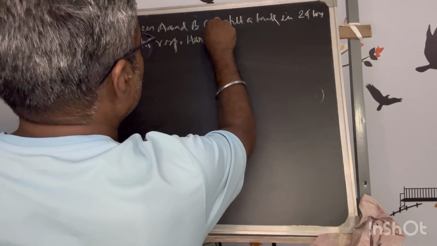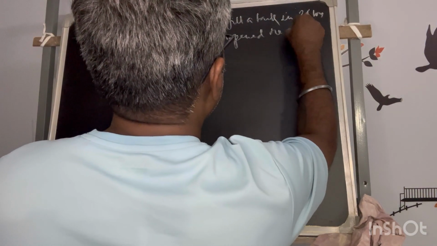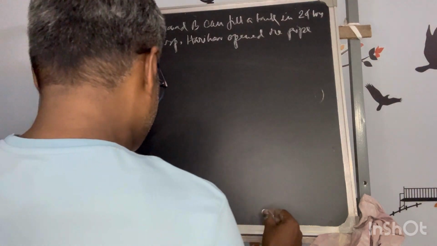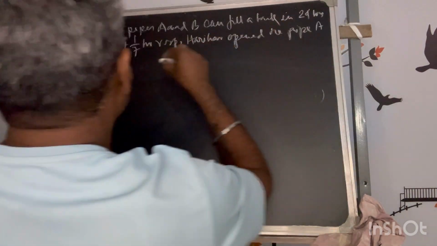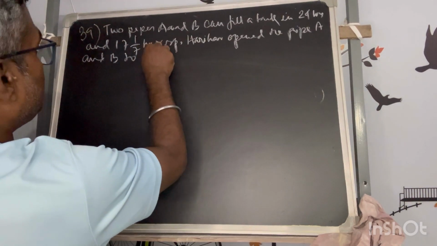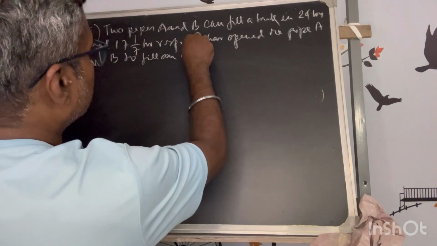Harihar opened the pipes A and B to fill an empty tank.